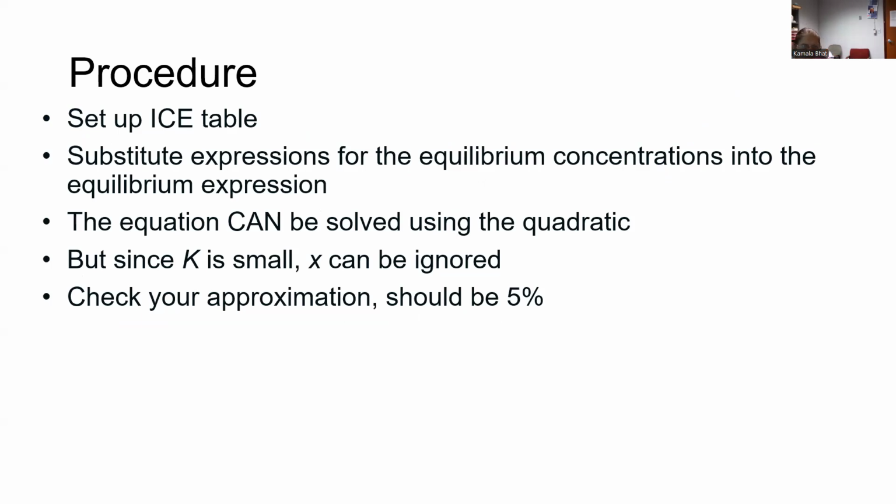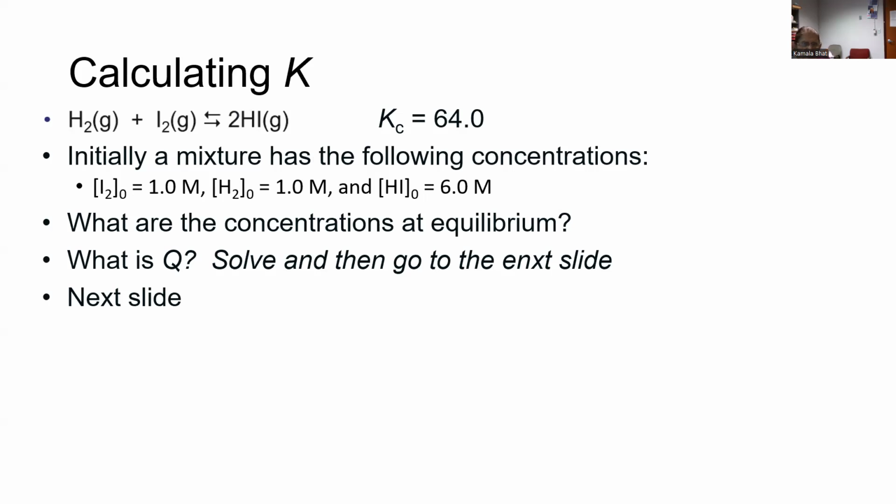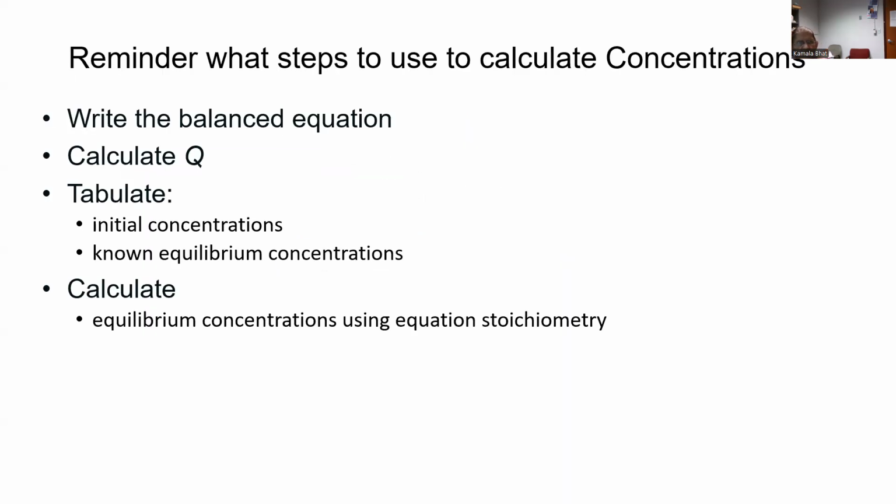You can set up the ICE table and then check your approximation, which should be within 5%. That is, the value of x should be within 5%. And so you can calculate it. And then go to the next slide.